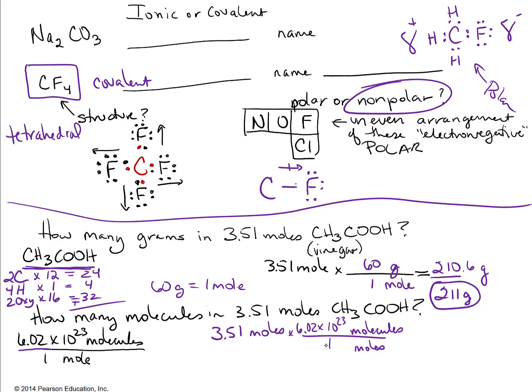So moles and moles will cancel. 3.51 times 6.02 times 10 to the 23rd. So we got 2.11302, and then I have a little 24 in small letters at the top. That means 2.11302 times 10 to the 24th.